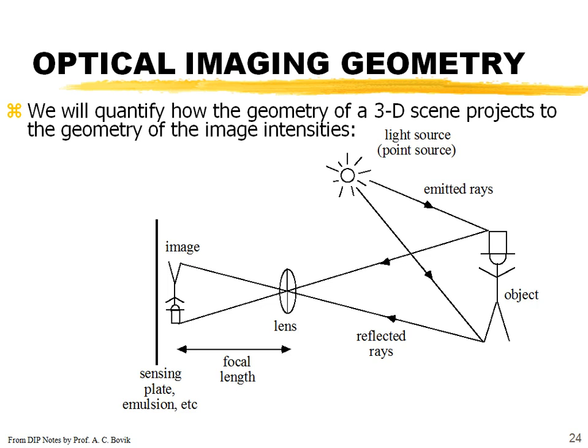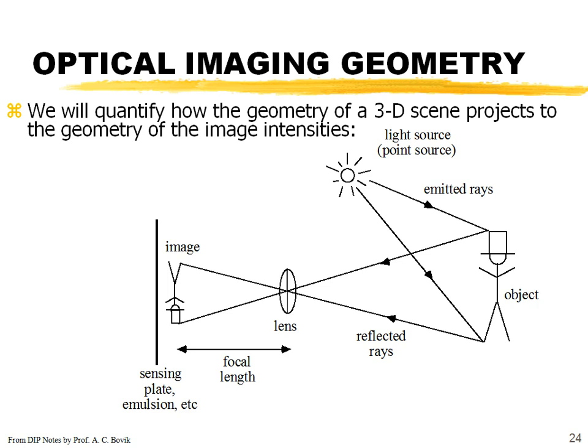It's going to get illuminated by some kind of a light source, and it's going to reflect a portion of that light. The reflected light is going to pass through some kind of a lens system, and it's going to project back onto a sensing surface, right? Whether this be a retina or any other kind of sensing surface.